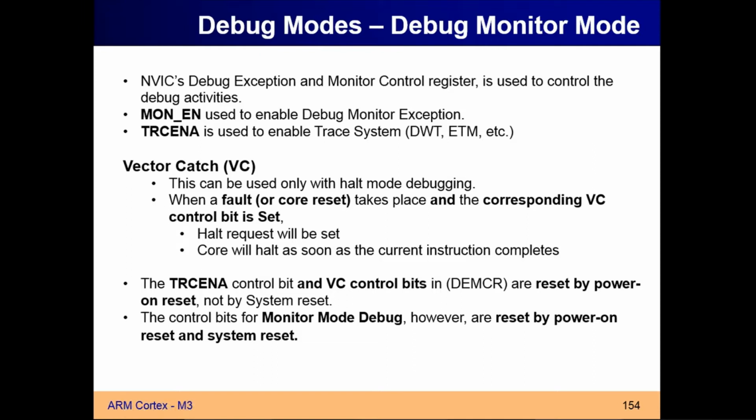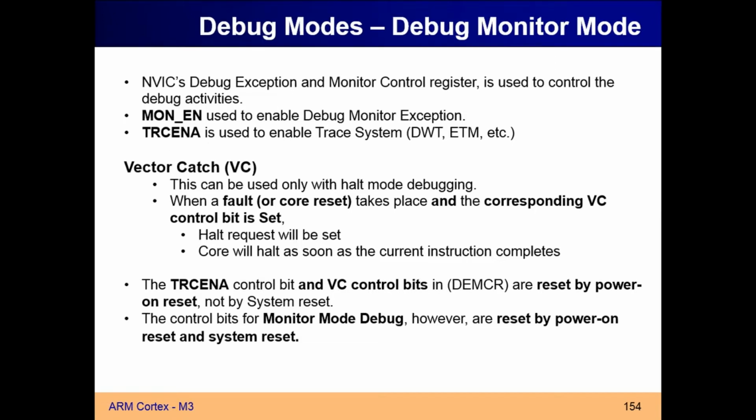Similarly, to enable the halt mode, the debug enable bit, C_debug, should be set. Here, for enabling the debug monitor exception, the monitor_enable bit should be set. Right. Then for enabling the trace system, such as DWT, ETM and ITM, these three trace units, the trace enable bit also should be set.